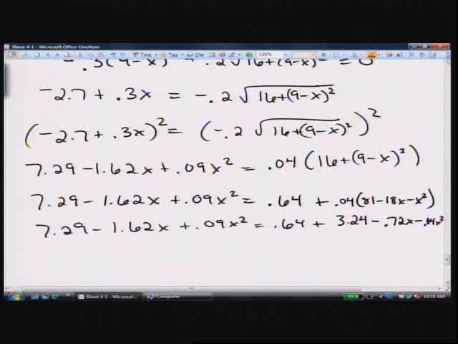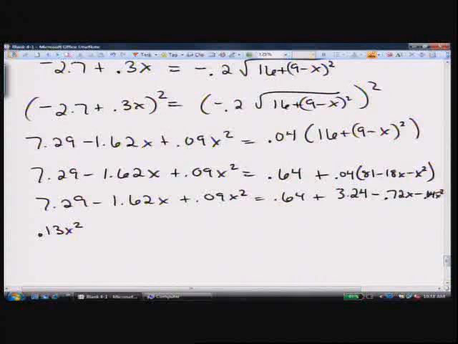Then if we move this over, we're going to get 0.13x squared. I move this 0.72x to live with this.